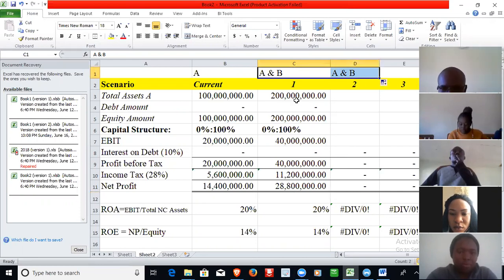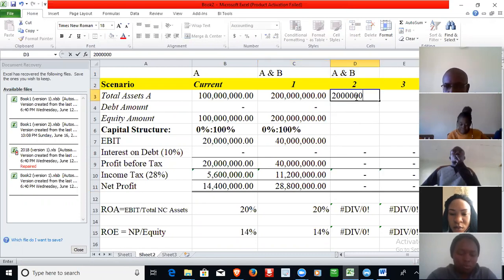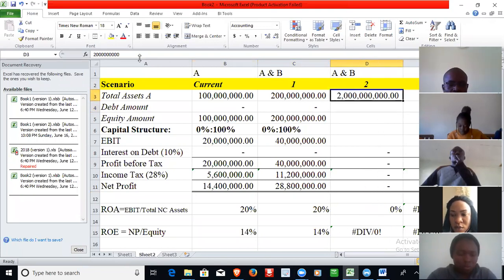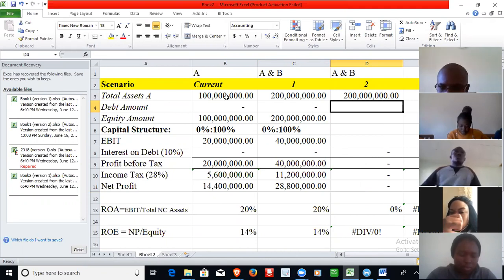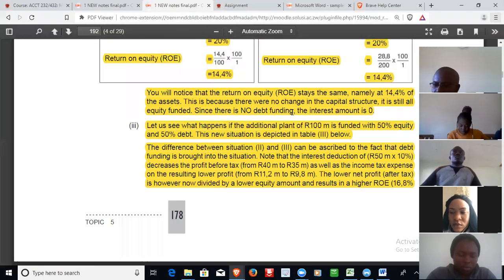We are saying instead of using this option, this is option 1. Option 2, we are saying we want to purchase the second aeroplane, which is in tune of 100 million, right together. But for us to purchase the second aeroplane, which is costing 100 million, how are we going to fund the second project?